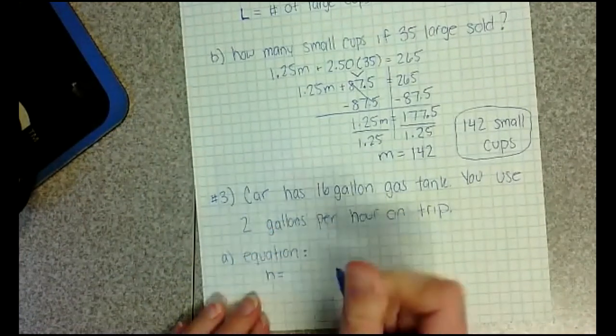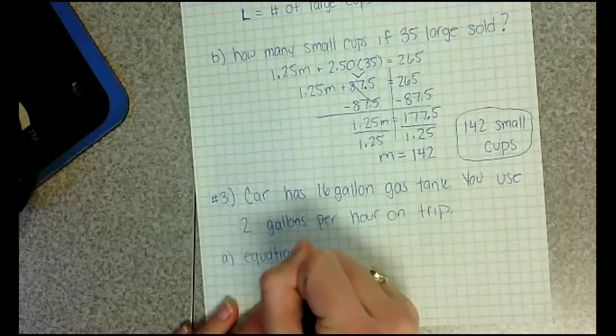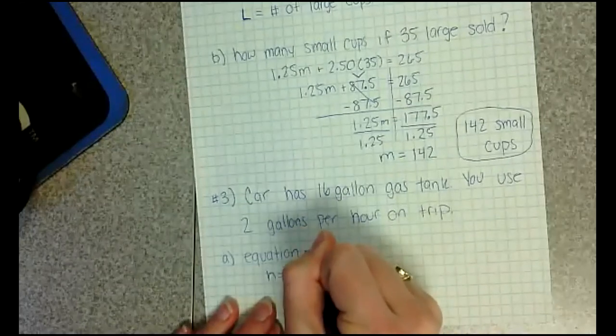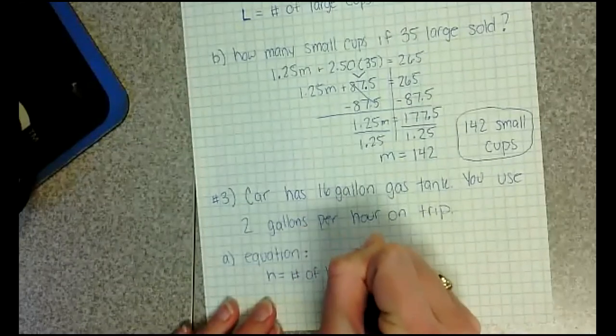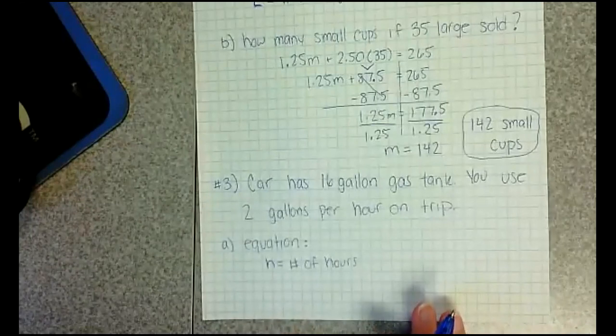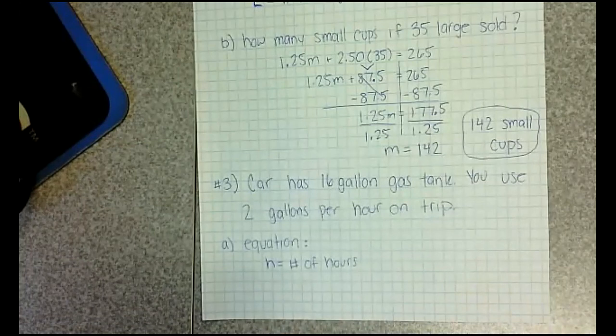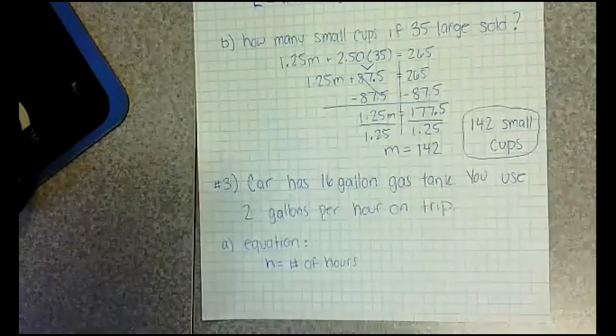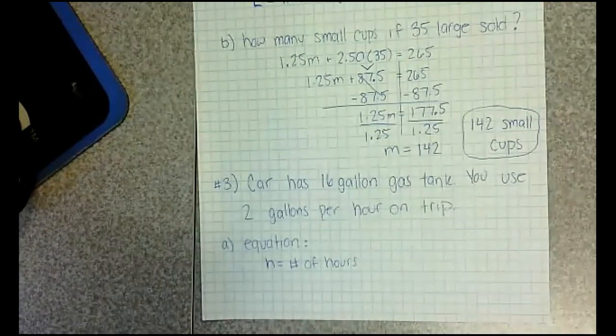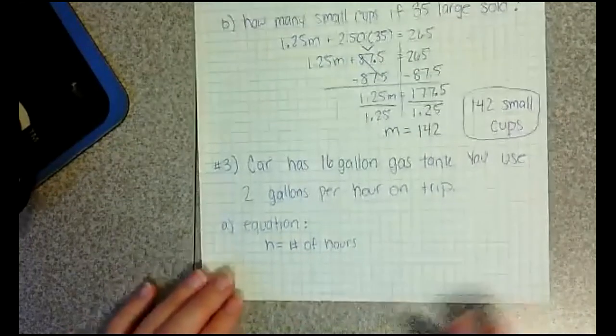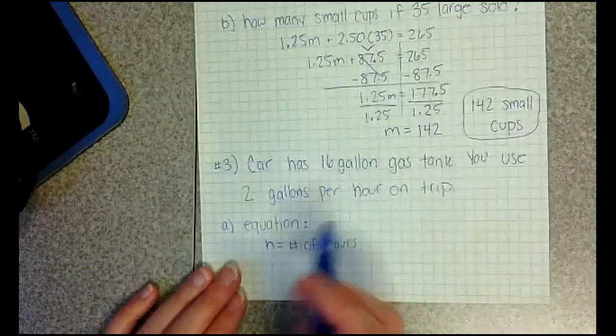I'm going to set up again my variables. So we don't know how many hours, but I'm going to use H again. Good, Hermela. Yes, Diego, that would work. Okay. And then a lot of you are using X's and Y's, and that's fine. H would be number of hours.